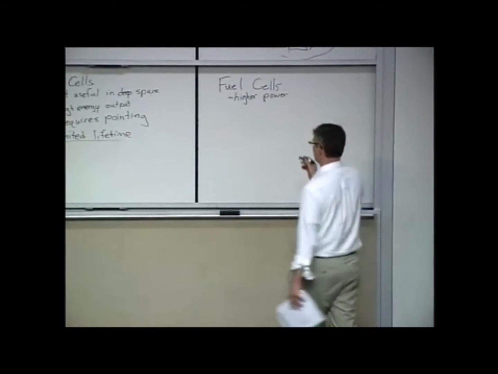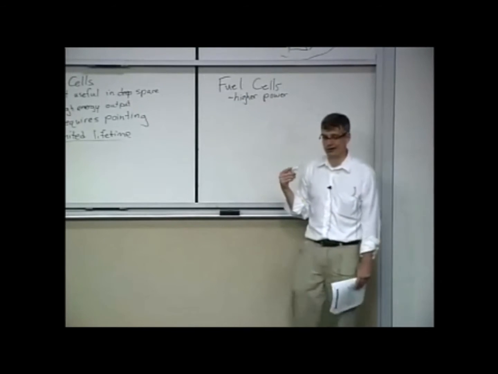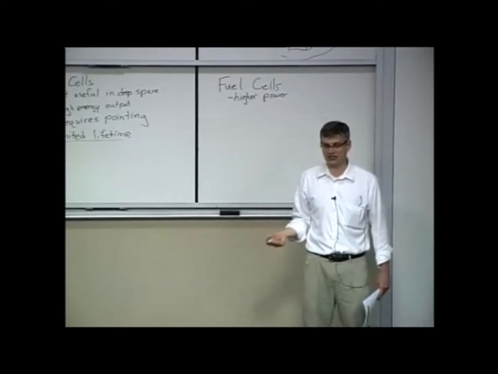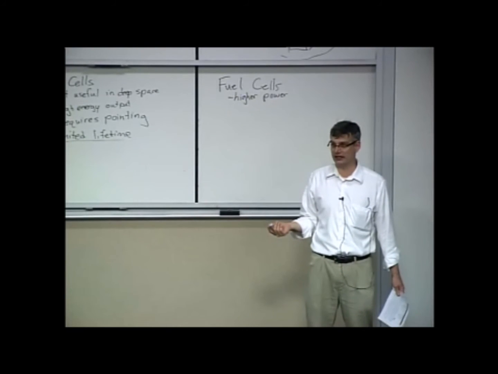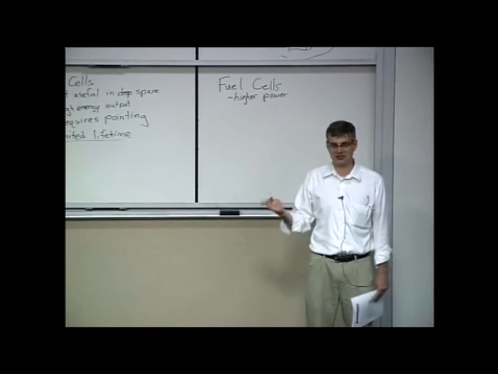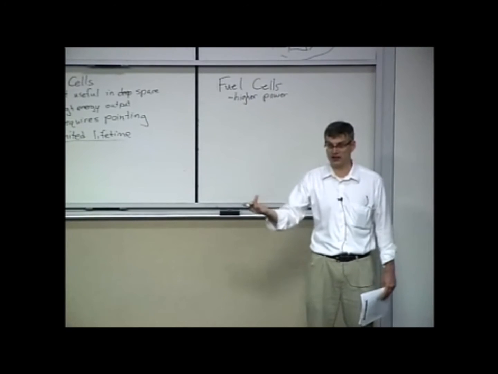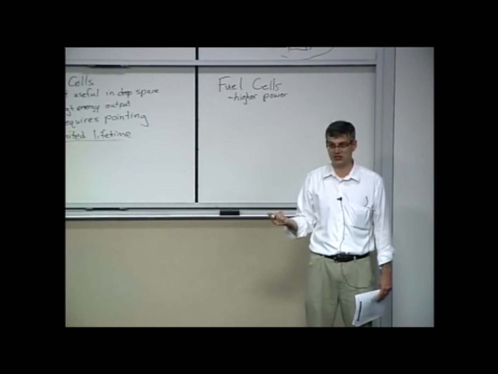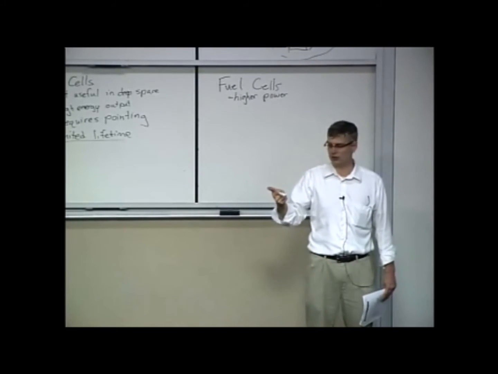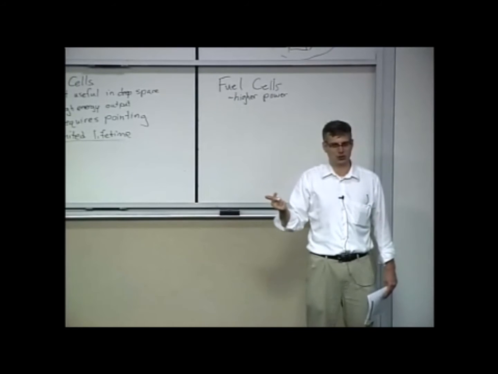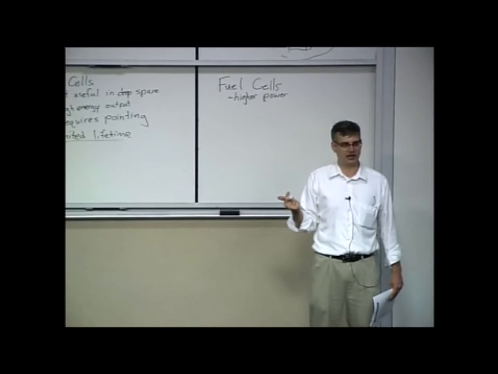The nice thing about fuel cells, too, is that especially if you're on a manned mission, you may have the oxygen and hydrogen readily available for that type of exercise anyway. You need the oxygen to have your astronauts breathe, for example. So you might as well bring some hydrogen along for the ride, too. You can use it as station-keeping fuel. You can use it as a source of electricity for a short period of time.